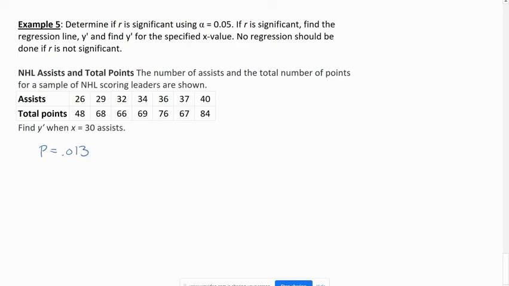If we were going to use the p-value, then we'd say since p is less than alpha, reject H0, where H0 is that our correlation coefficient is 0. We're going to reject that in this case and say our correlation is not 0, so there is a linear relationship.